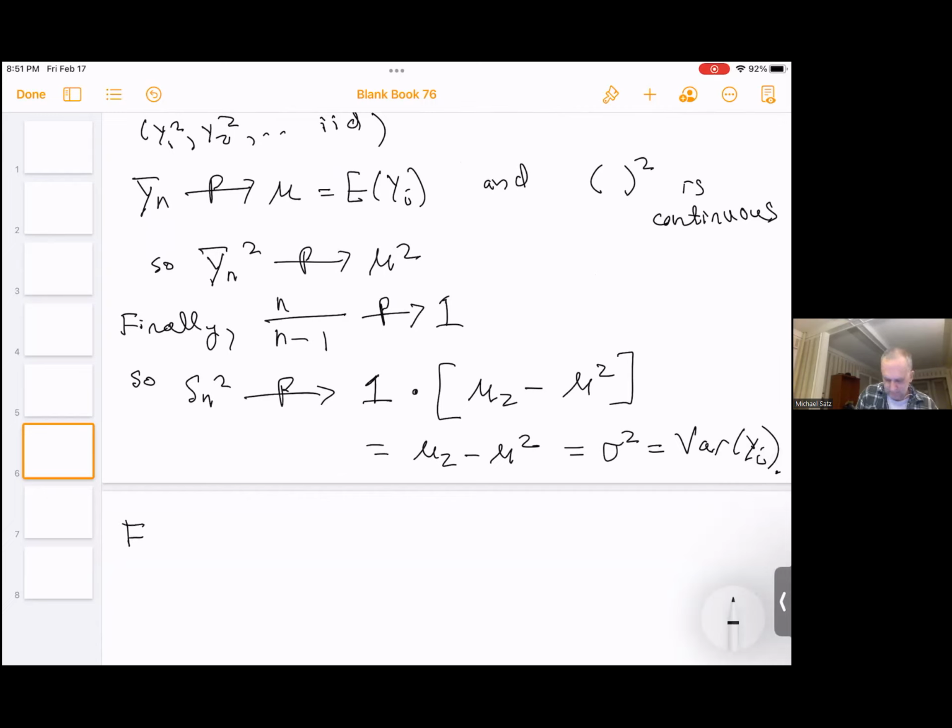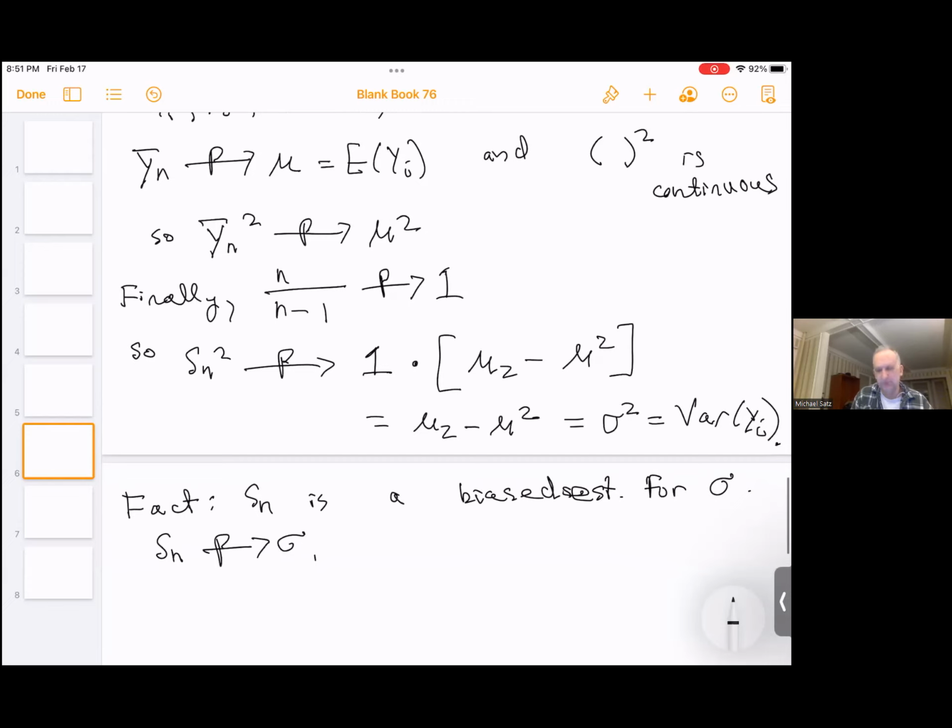Fact: Sn is a biased estimator for sigma, but Sn is nonetheless consistent. It converges to sigma in probability.